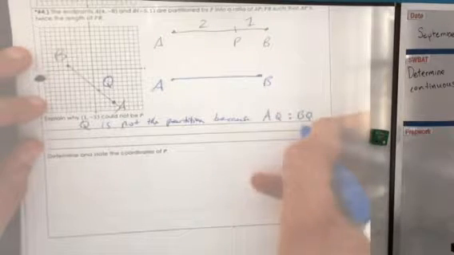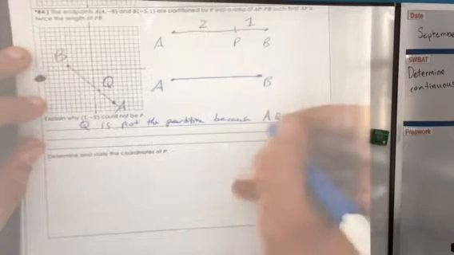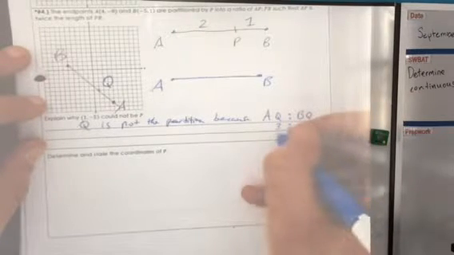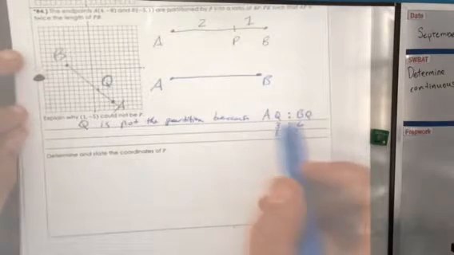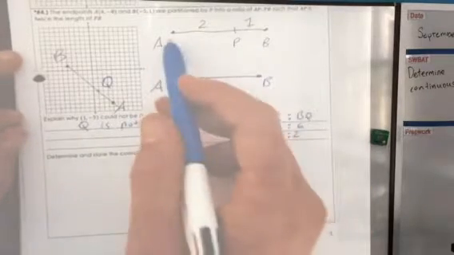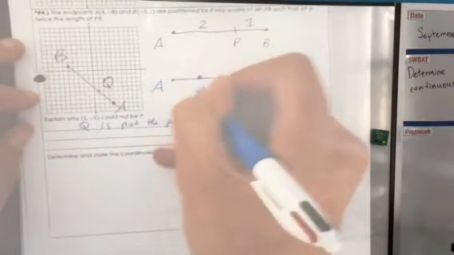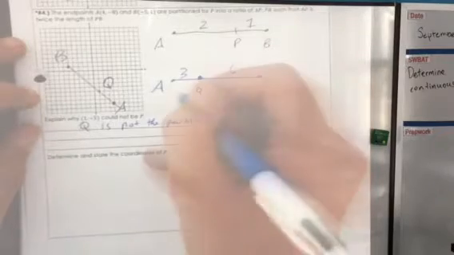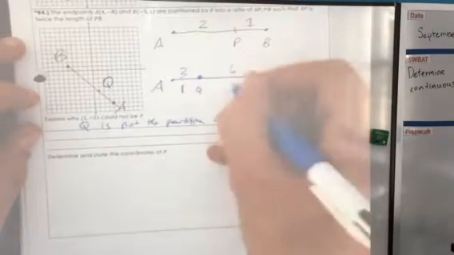So that means that we have AQ in a relationship to BQ of 3 to 6, and that equals 1 to 2, where AQ is shorter than BQ, but we needed from A to the partition to be longer than from B to the partition. So it looks something like this. And this was 3 and 6, which gives us the same as 1 and 2.